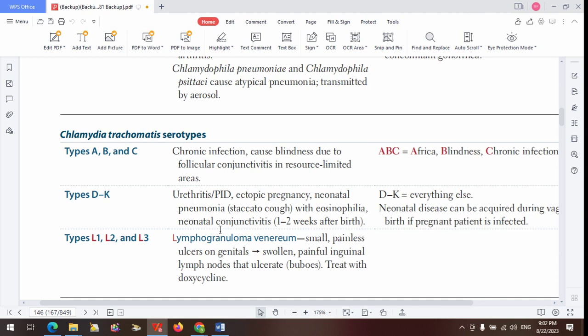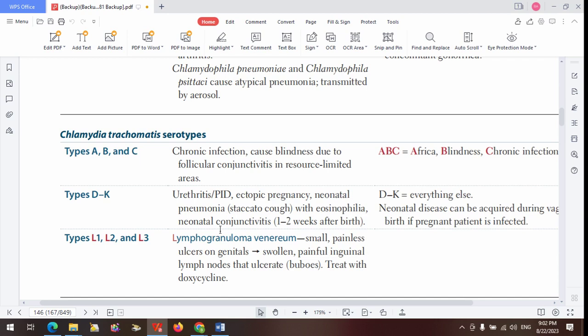The cough sounds like a horn, like you are honking. I can't reproduce the cough, but it's actually coughing in between episodes of inspiration. So that high frequency sound, as if you are honking, is the staccato cough in children.